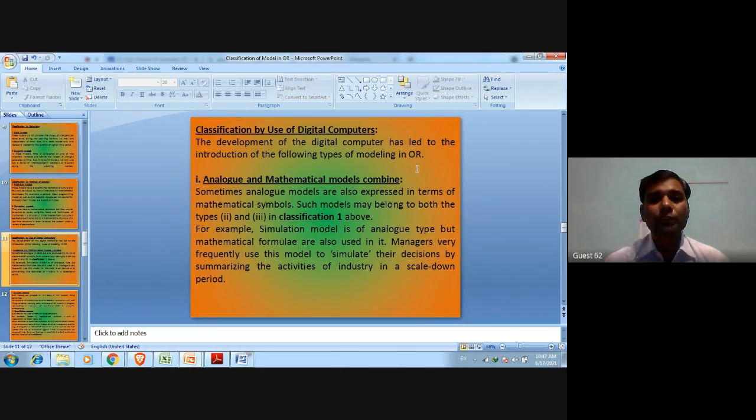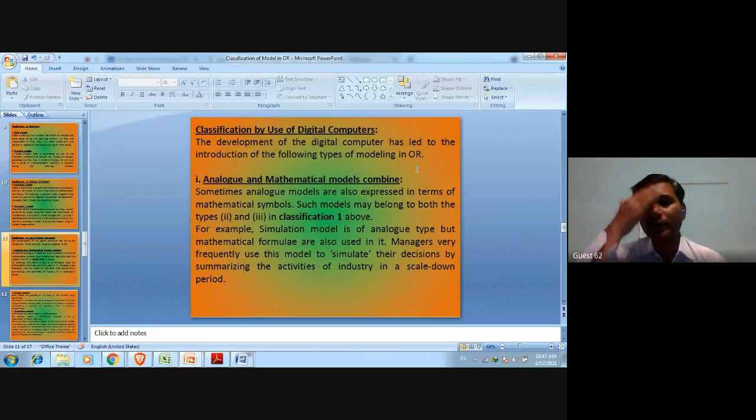Analog and mathematical models combined. Sometimes analog models are also expressed in terms of mathematical symbols. Such models may belong to both the types, second and third in classification one above. One above means analog and mathematical; that was symbolic.